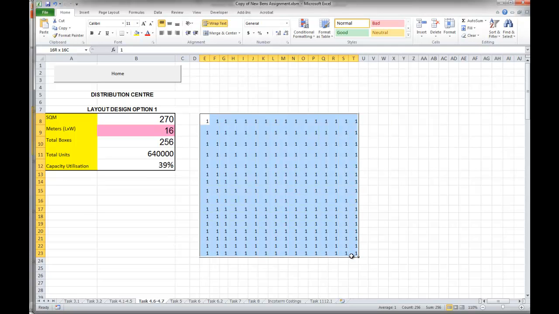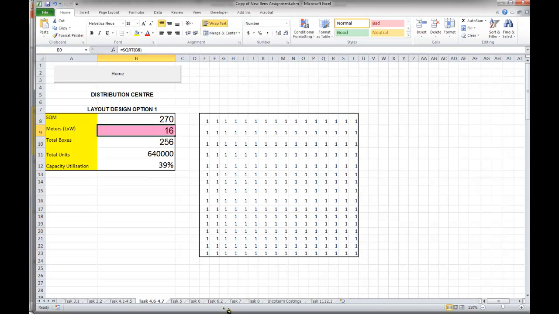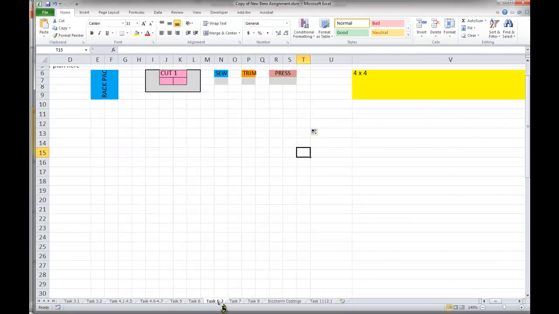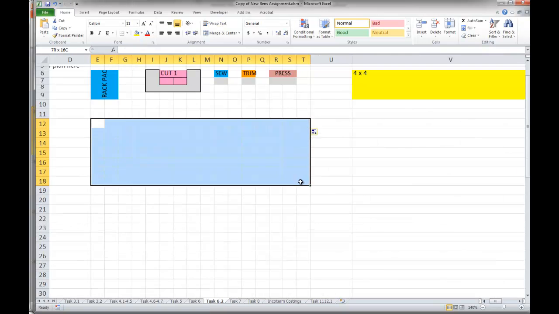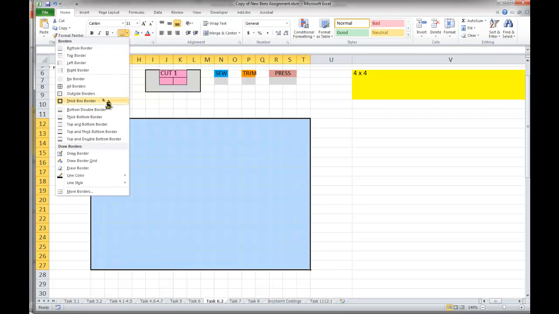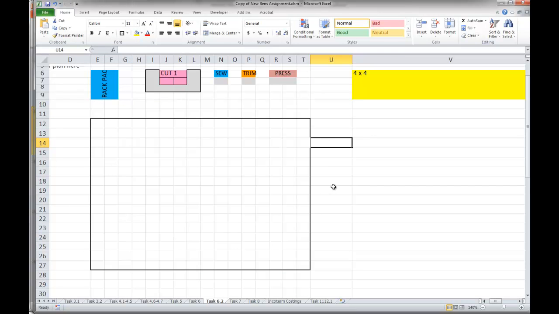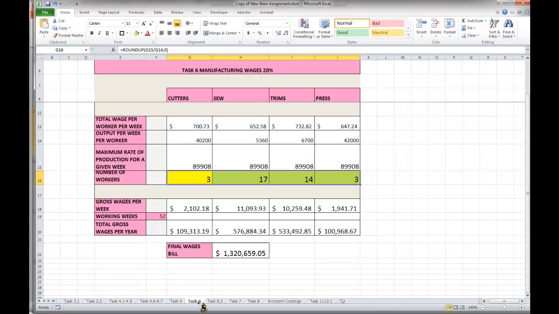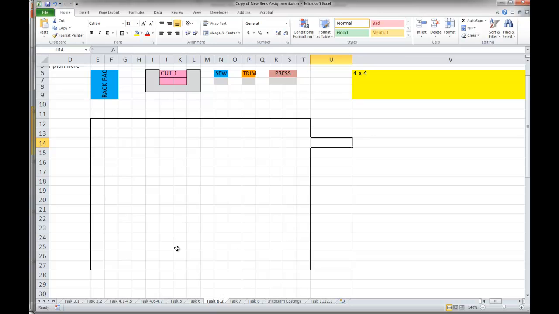So you notice mine is 16 by 16, and we're going to copy and paste that into 6.2. So I'm going to highlight 16 rows and 16 columns, and I'm going to put a border around it, and there's my factory. So all of my 3 cutters, 17 sewers, 14 trims and 3 presses all have to fit comfortably into this space.